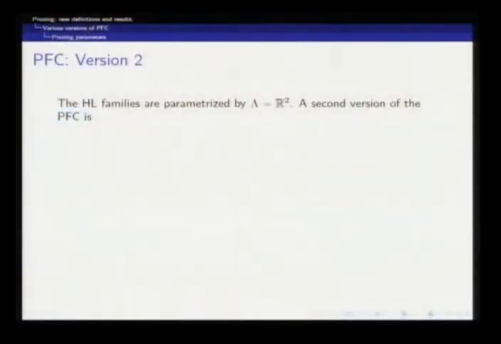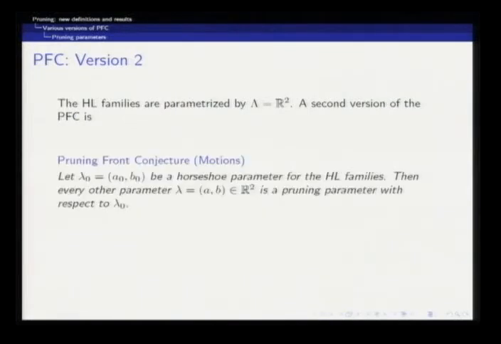So that is what a pruning parameter is, and then the second version of the pruning front conjecture is to say that, again, the Henon and Lozi families are parameterized by all of R2, and both families have horseshoes for the parameter a large enough, and the second version of the pruning front conjecture is to say that every other parameter is a pruning parameter.